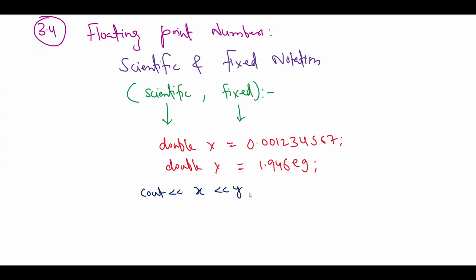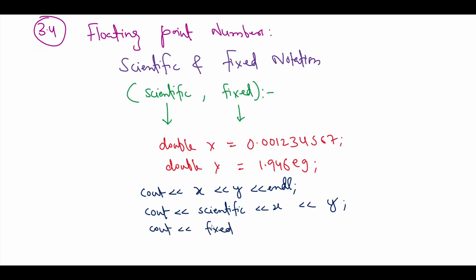You can also provide a space or tab in between. Then if you want to print them in scientific format, you have to write scientific, then the number x, then some space or maybe tab and then y. And for printing them in fixed format, you have to use fixed here and then again the same thing that you have done above, right? And that's how you are going to print all these numbers in different formats.